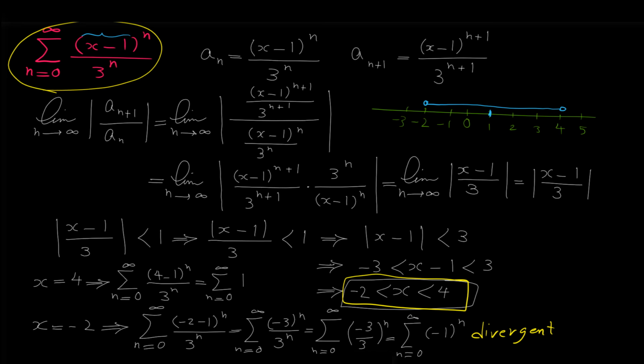And as you can see, the interval of convergence is symmetric with respect to the point 1. That's the reason that when we write a power series in this form, we are saying the power series is about x equals 1.